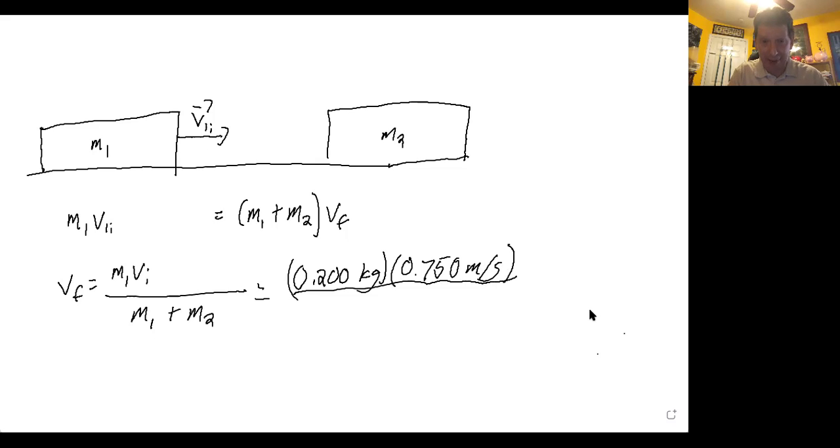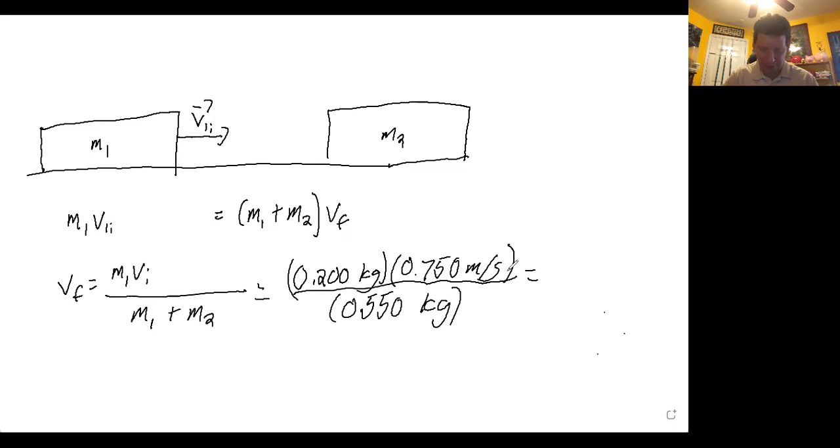The second clay bear has a mass of 0.350 kilograms. So the total mass is 0.550 kilograms, the sum of the two. And so you take the initial momentum, which is also equal to the final momentum, divided by the total mass, and that gives you the final velocity when the two are sticking together.